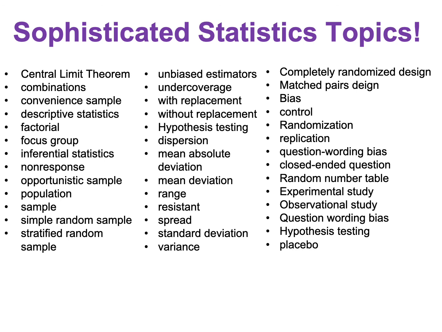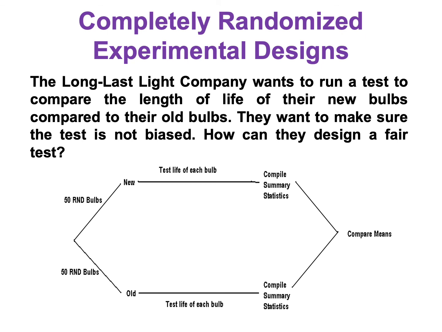So if you are not good at trigonometry or geometry proofs, that won't affect your clean slate for studying statistics. Students learn how to design completely randomized experimental designs, which are used to compare, in this example, the effectiveness of two different light bulbs.